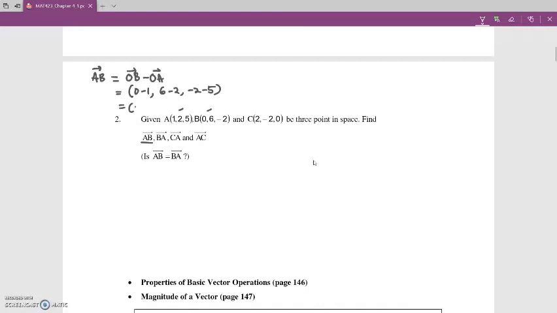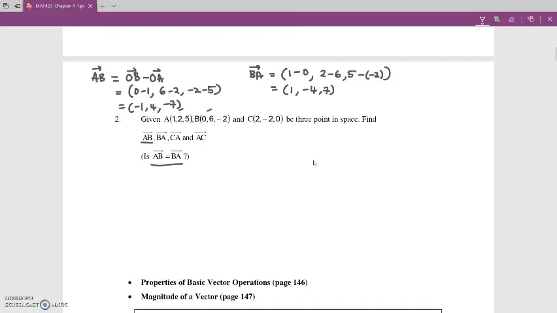So your answer is (-1, 4, -7). And then BA is point A minus point B. So 1 minus 0, 2 minus 6, 5 minus negative 2. So your answer is (1, -4, 7).